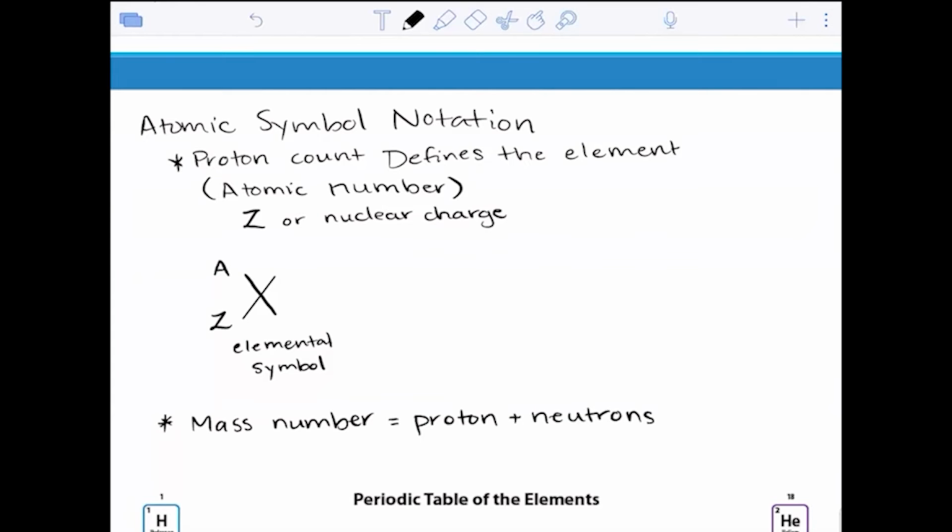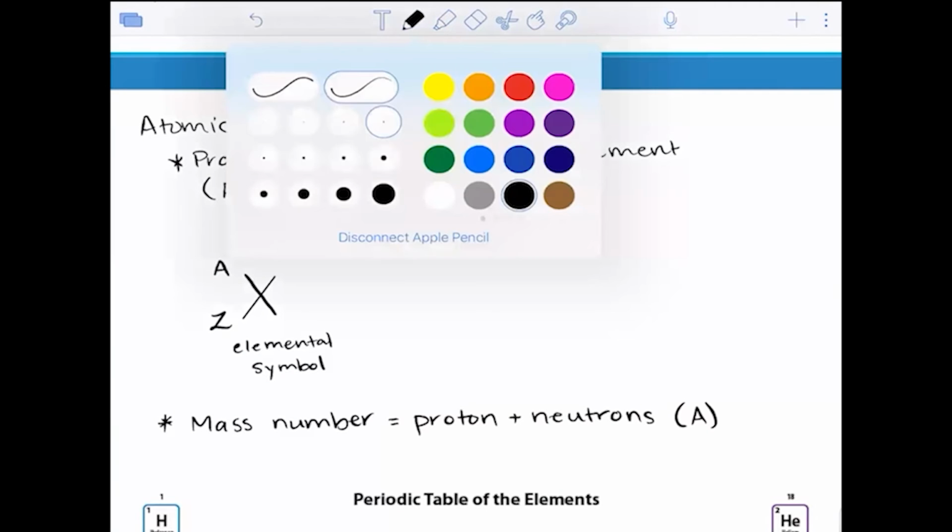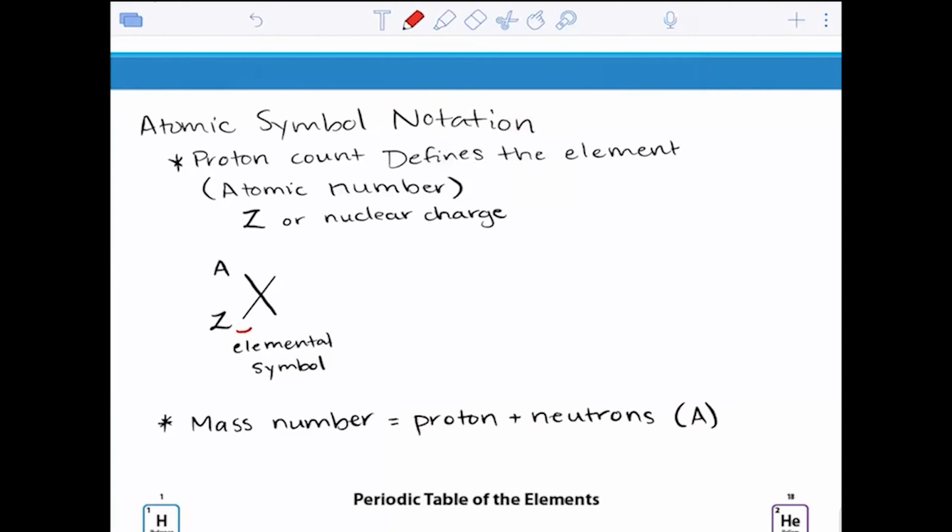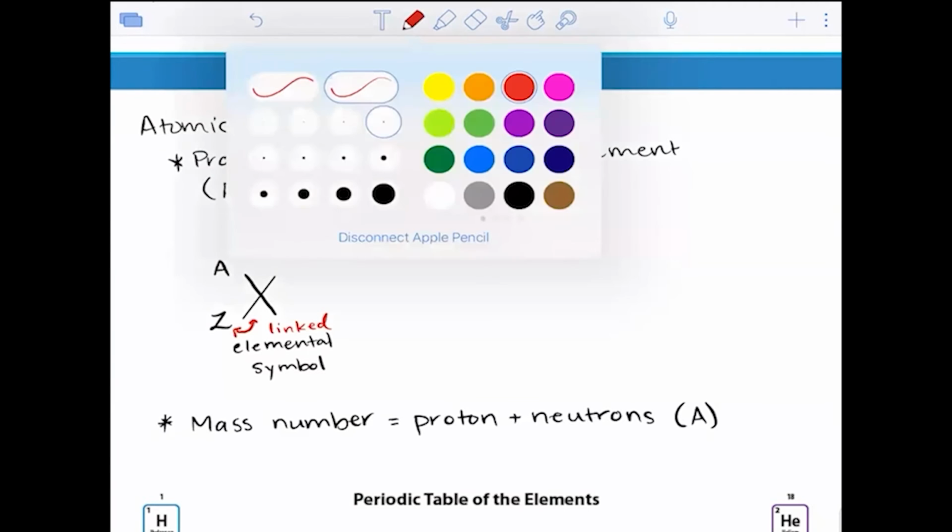So Z is our number of protons, A is our mass number, the protons and the neutrons. The chemical symbol is always linked with our Z, our atomic number. The mass number can change, and we'll be able to discuss how the mass number changes. It won't be because of the protons, it will be because of the neutrons.